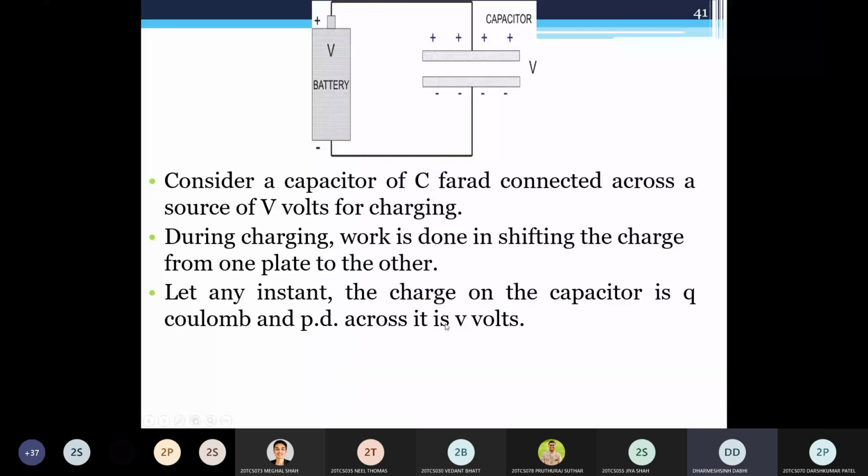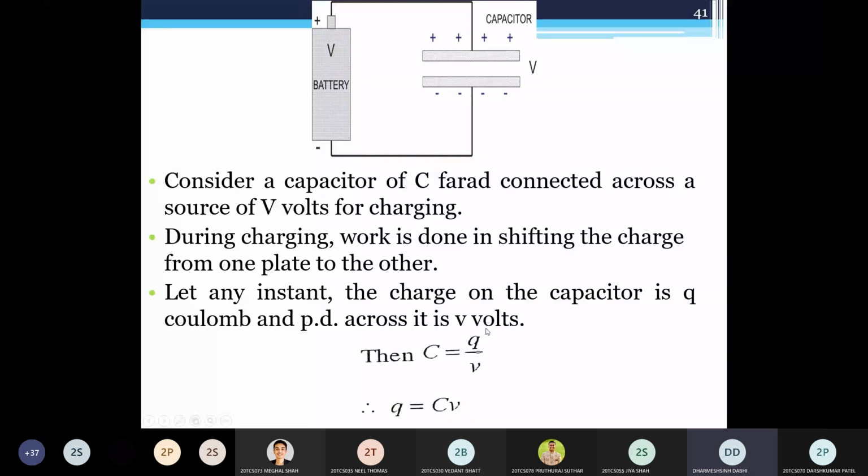Suppose at any instant of time before your capacitor is completely charged to the capital V volts, the charge on the capacitor is small q coulomb, and at that time the potential difference across the capacitor is v volt.